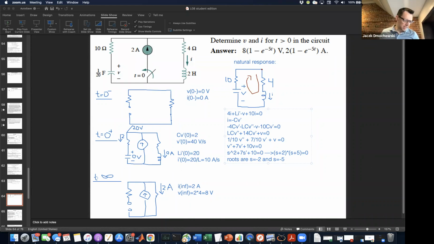So that's huge, because now we know that our natural response Vn of t is equal to A exponential negative 2t plus B exponential negative 5t. And our total response is going to be Vn of t plus Vf of t, where f is forced, which is equal to A e to the negative 2t plus B e to the negative 5t plus 8 volts.